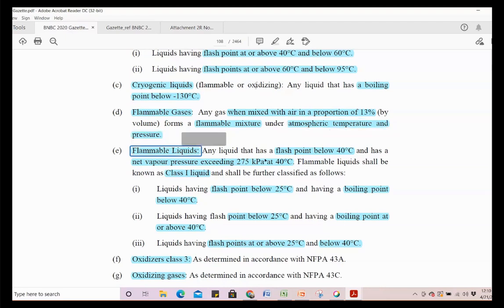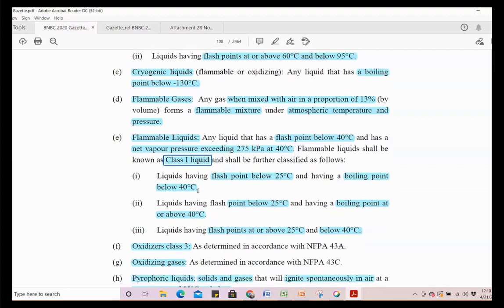Flammable liquids: any liquid that has a flash point below 40 degrees centigrade and has a net vapor pressure exceeding 275 kPa at 40 degrees Celsius. Flammable liquids shall be known as class 1 liquid and shall be further classified as follows.